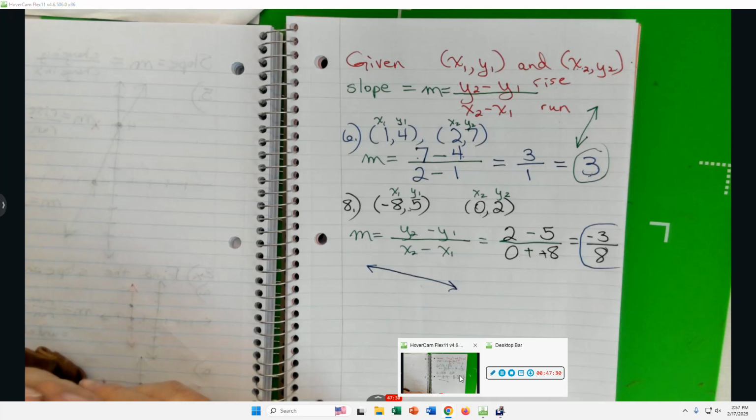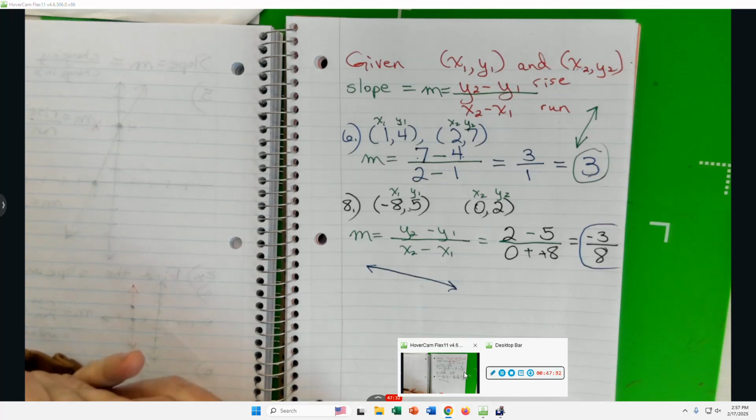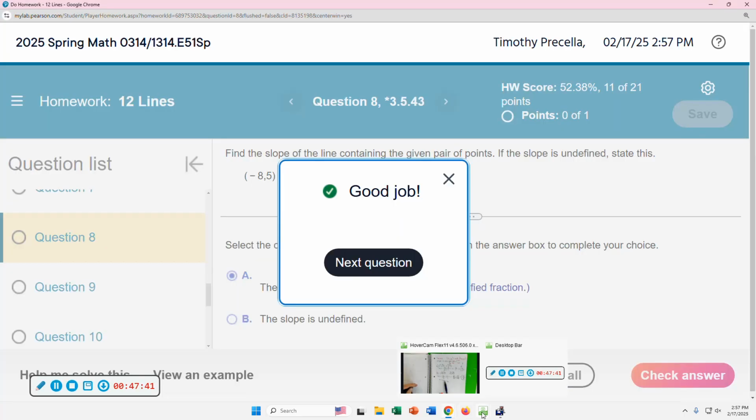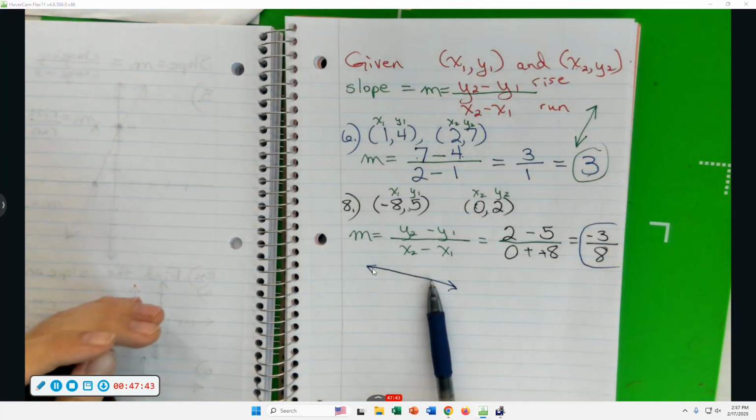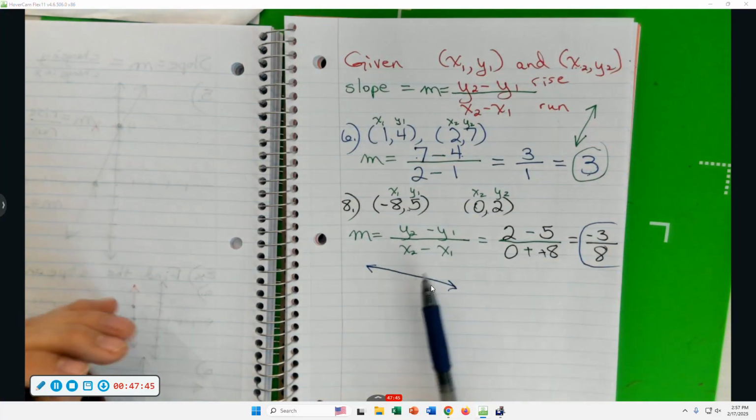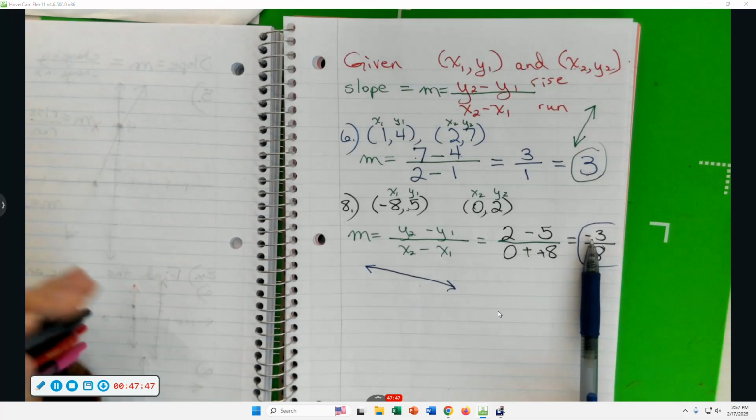Okay. Now we're going to write, as I said, we're taking more of an algebraic approach to lines here, even though I keep going back to geometric interpretations. Oh, it's falling from left to right because it's negative.